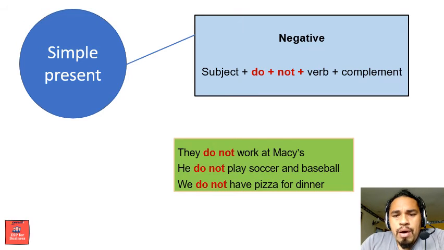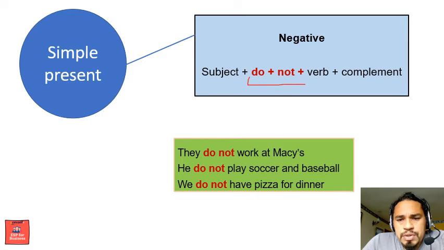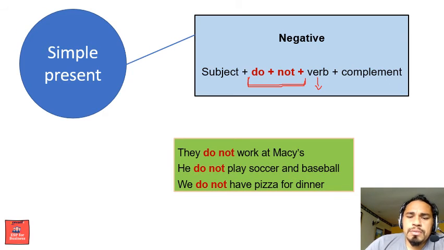Let's go now with the negative form of the simple present. We need a subject. We will have the auxiliary verb do plus the negative particle not, the verb, the main verb, and the complement. Let's check these examples.